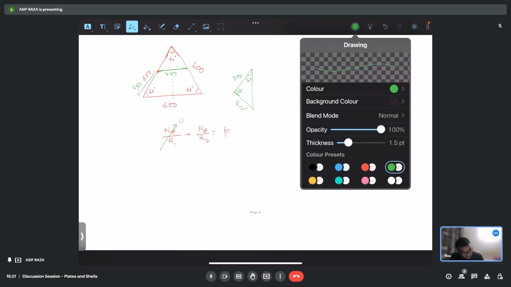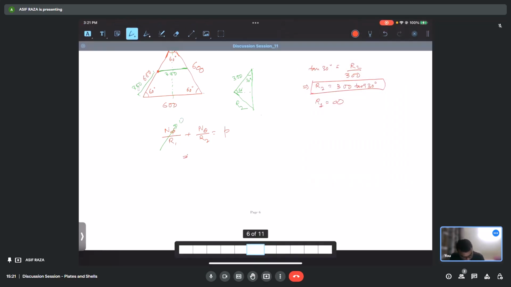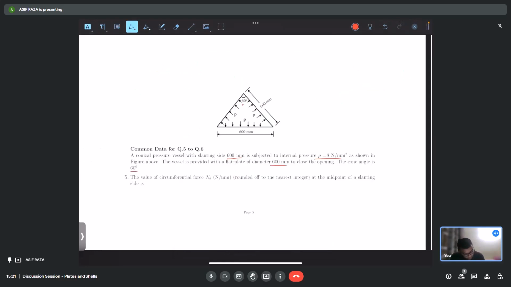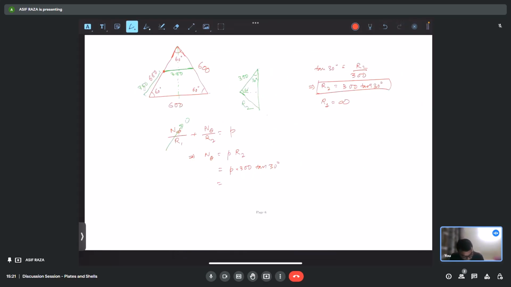So n theta would be equal to P R2, this would be equal to P into 300 tan 30, and P is equal to 8 Newton per mm square.